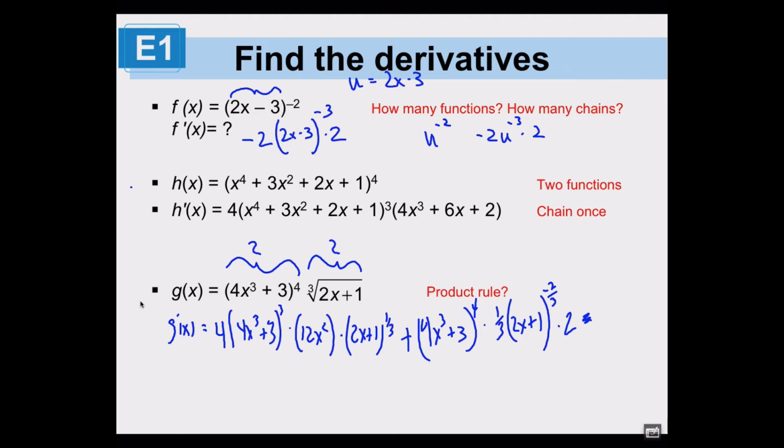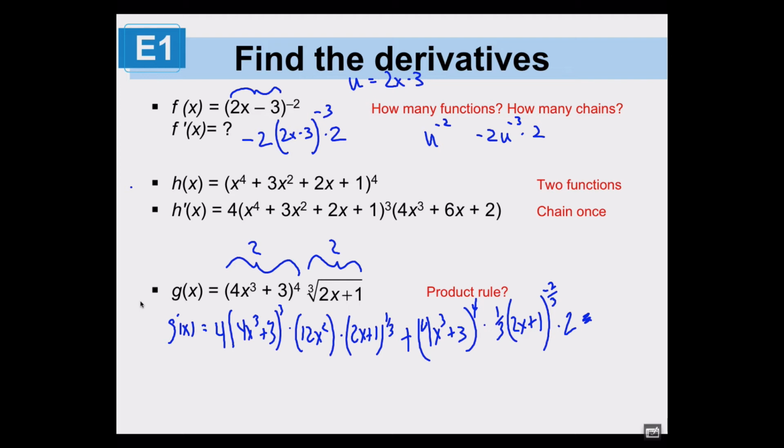Mason, can you explain what you just did? Well, you use the chain rule and the product rule together. Since you have two functions in each part, you have to use the chain rule for each specific part, and then put them together using the product rule.